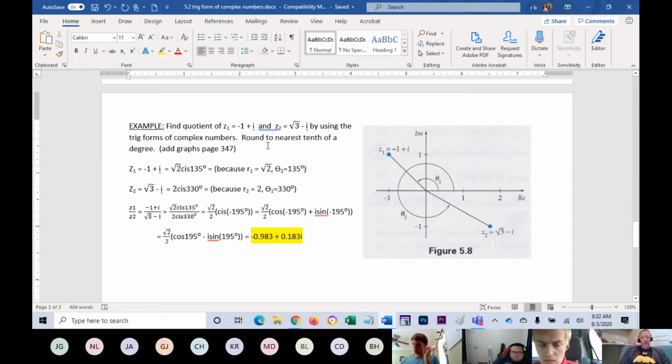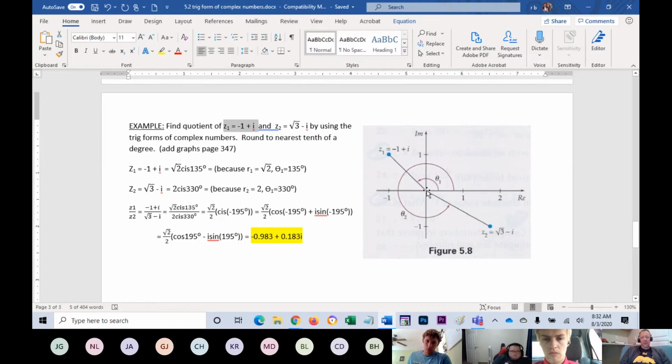Now let's graph, and I swear I can't do these without graphing them. So I'm going to go -1 plus I, that's going to be your Z1. Now let's talk about the length of your R here. So I've got 1 squared is 1, 1 squared is 1. So this is going to be the square root of 2.